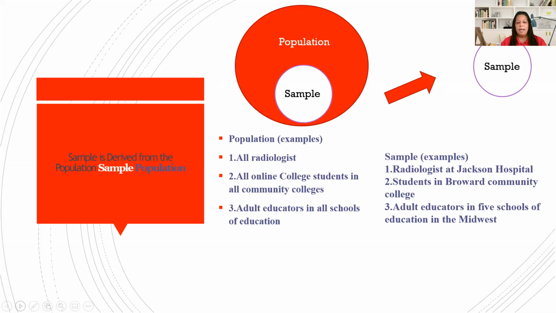So this is kind of like, a sample is derived from a population. The population is all radiologists, all online college students, and all community colleges, and adult educators in all schools of education. And then the sample is just the radiologists at Jackson Hospital, the students at Broward County Community College, and the adult educators in 5 schools of education in the Midwest.